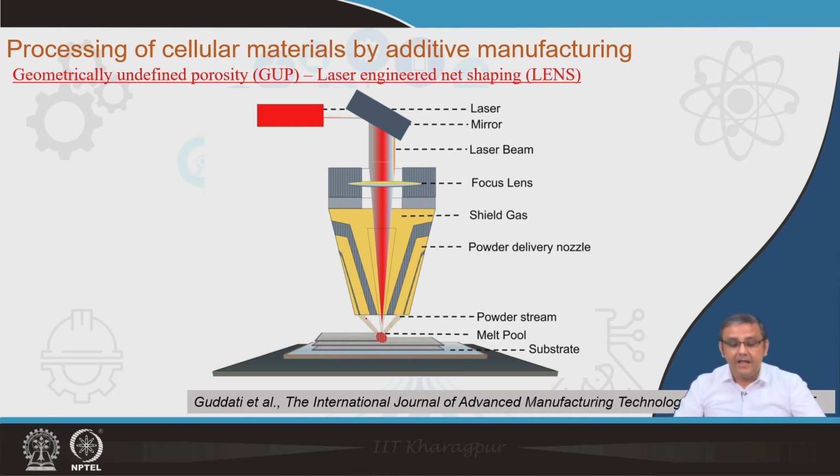Once this is done, the platform moves down by a certain distance, and then the next layer is deposited. So it is a very similar process; the only difference is that we do not use any powder bed, rather the powder is fed coaxially with the laser being used.